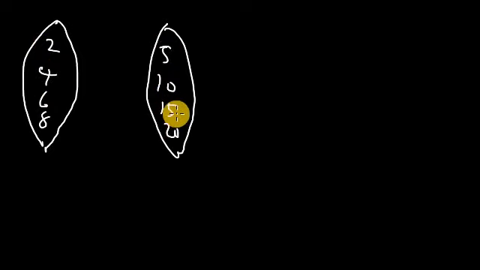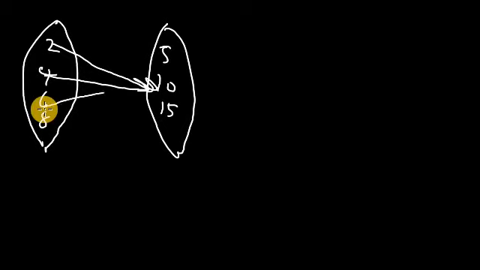So let's say I have 2, 4, 6, 8, and I have 5, 10, 15. Let me just use 5, 10, 15. So 2 and 4 are mapped to 10, 6 is mapped to 5, and 8 is mapped to 15.